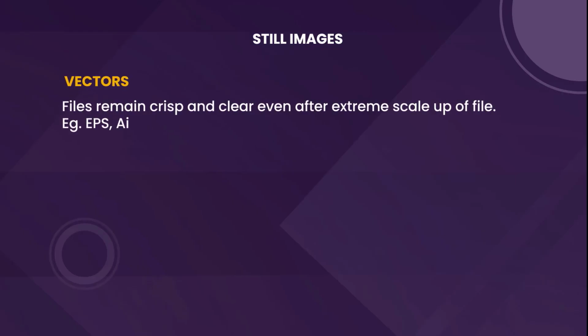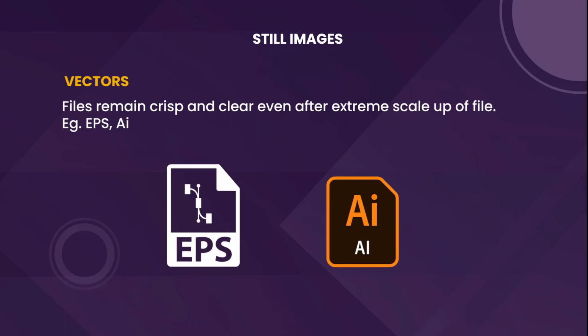The vector images are those files, or the images, that remain crisp and clear even after extreme scale up of these files. Examples of these are EPS files and Illustrator files.